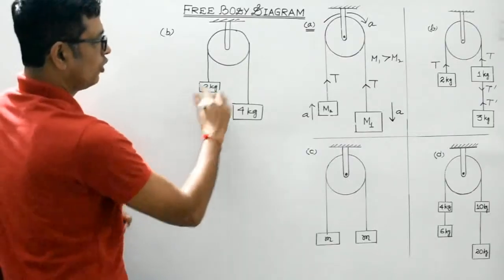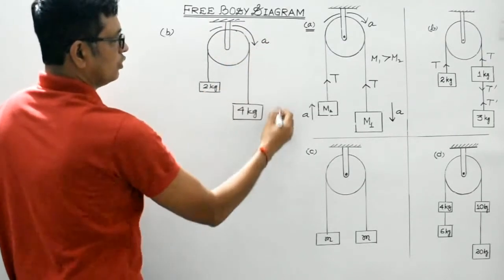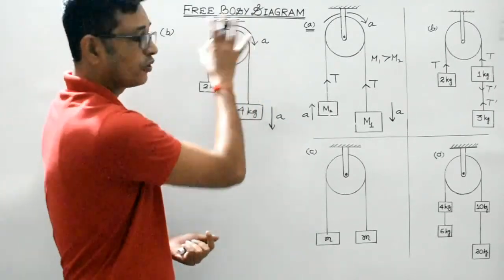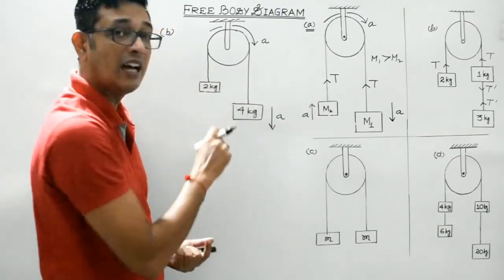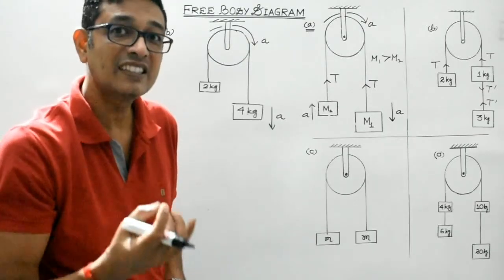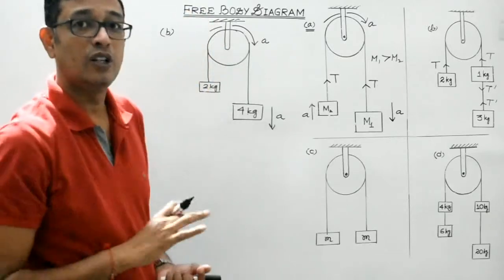4 is greater than 2, so obviously it will get accelerated in the downward direction like this. As I told you in the first question, since it's the case of a fixed pulley, in a given time both the bodies will have equal displacement, so the acceleration of both the bodies would be same. If it moves 1 meter downward, it will also move 1 meter upward during the same time.